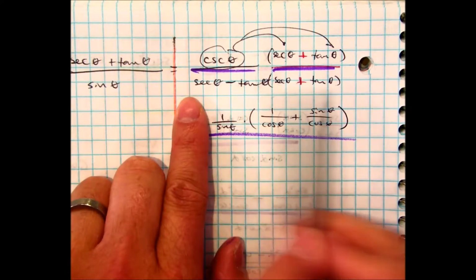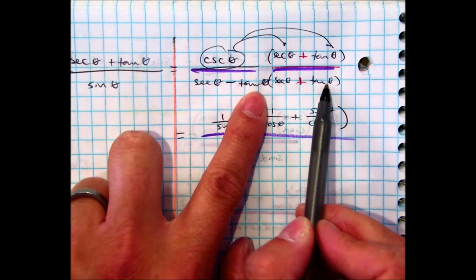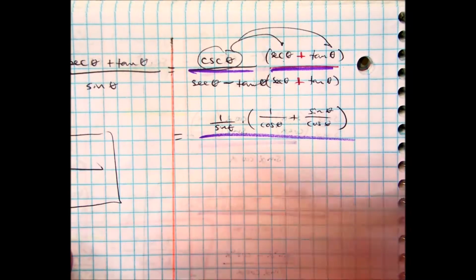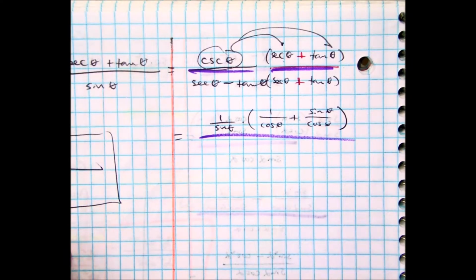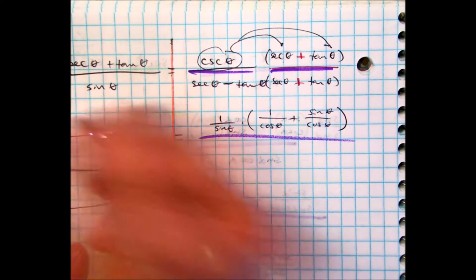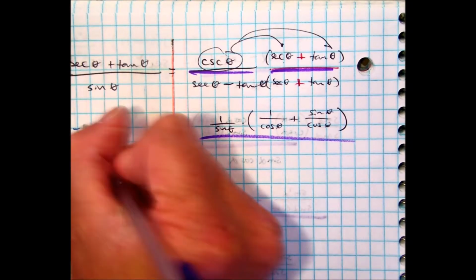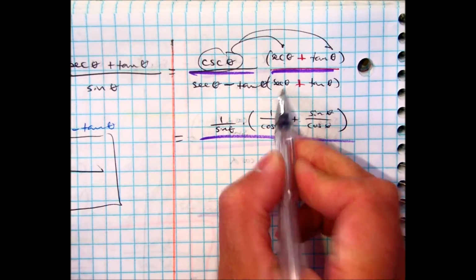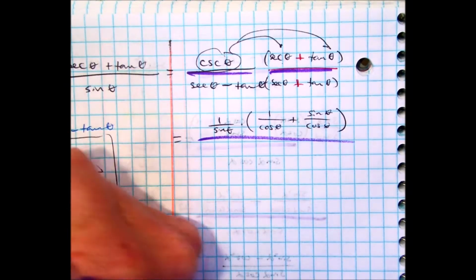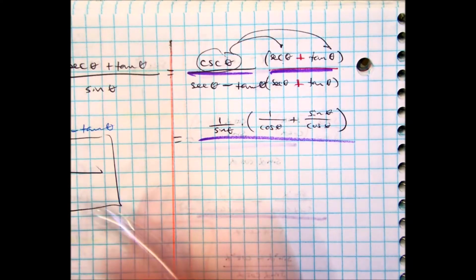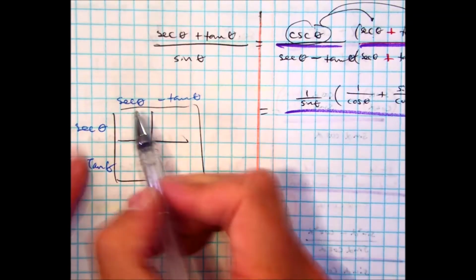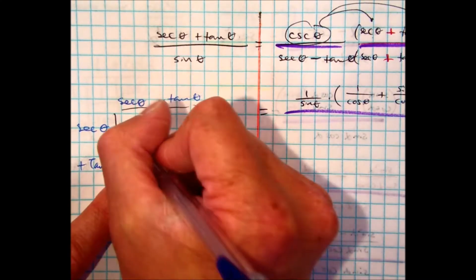To multiply these, I can't just multiply this and this. I have to use the box. Secant of theta minus tangent of theta, secant of theta plus tangent of theta. Class, what's secant times secant?